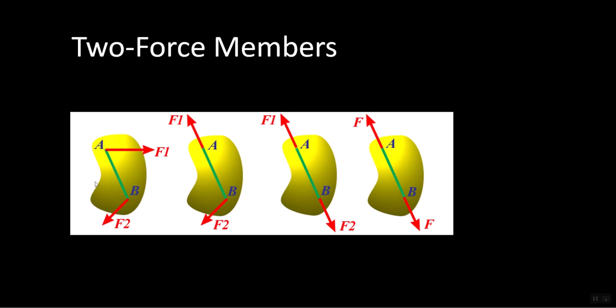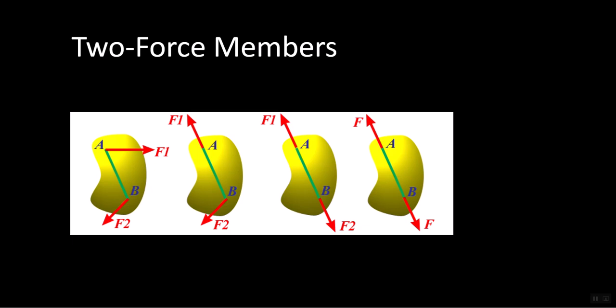Let's say you have a two force member like this, and two forces F1 and F2 are acting on this member. Now this member should be in equilibrium.